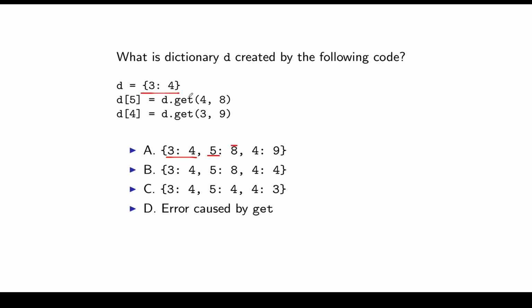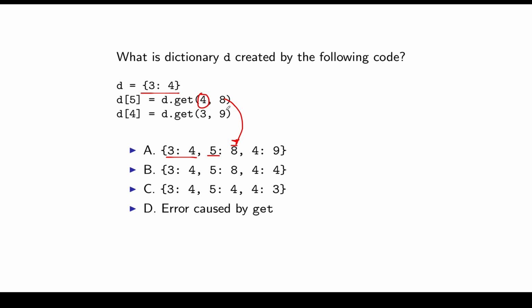So, we're going to try and get the value of key 4, but there is none. And if there isn't any, we put the value 8. So that turns out to be the case. It's true. Then next, we say D[4] is get 3.